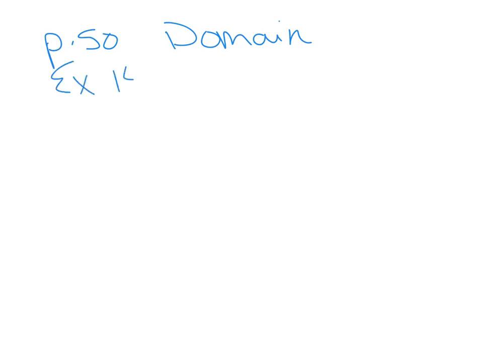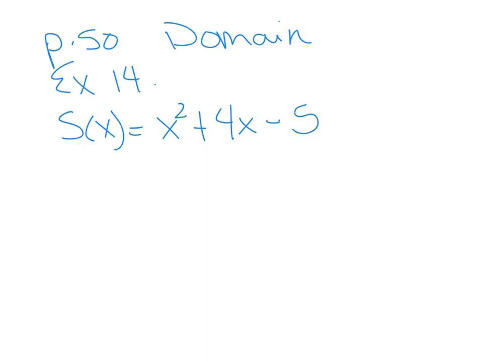Okay, on page 50, we're going to talk about domain a little bit more. Starting with example 14, we're being asked to find the domain of this function. S of x equals x squared plus 4x minus 5.